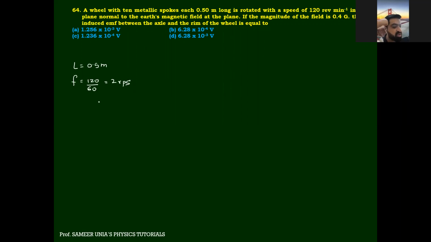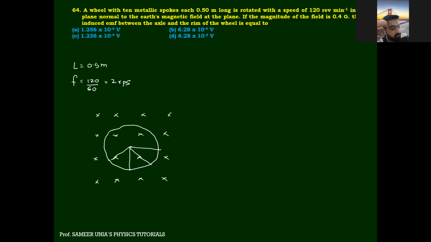It is in a plane normal to the magnetic field. You can see the spoke, the cycle wheel sum we have done initially. It had spokes and it is rotating with an angular speed of omega.